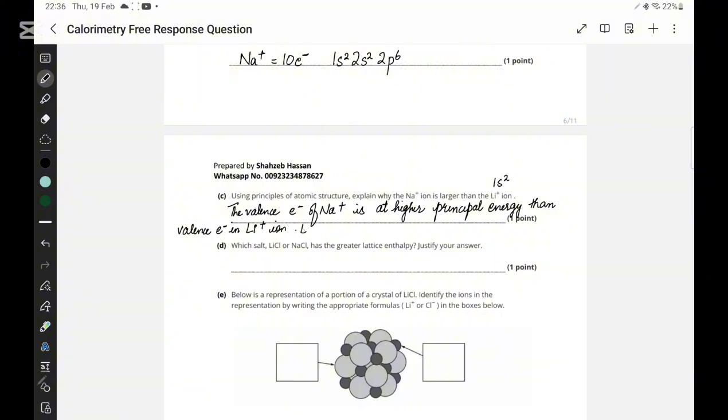So electrons in higher principal energy levels are on average further away from the nucleus.